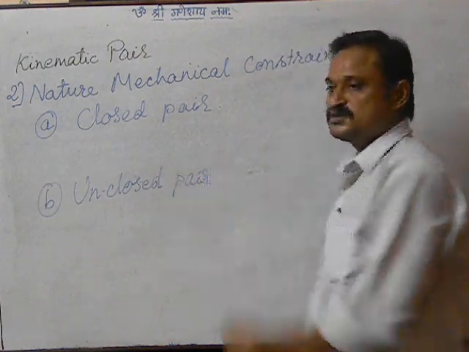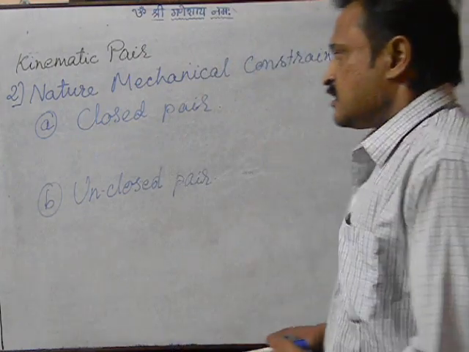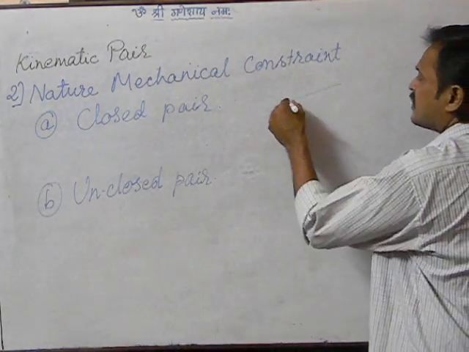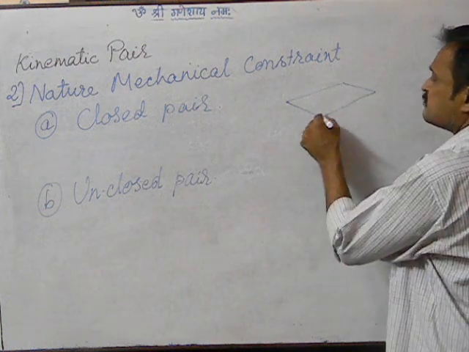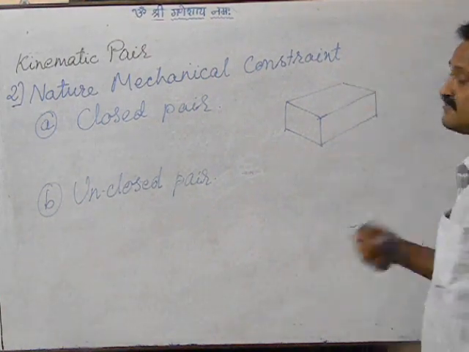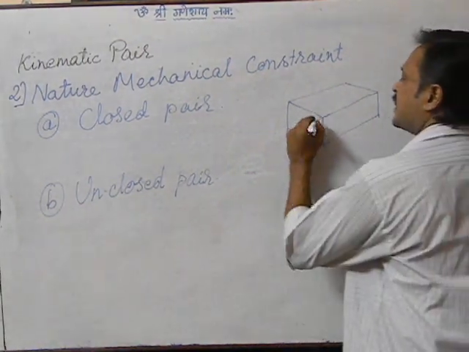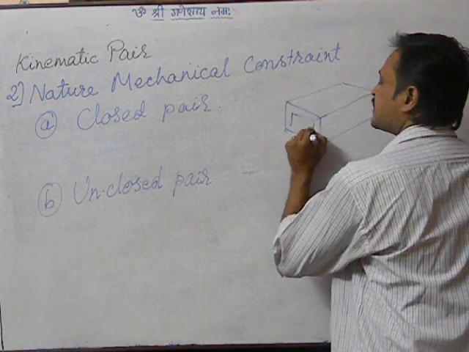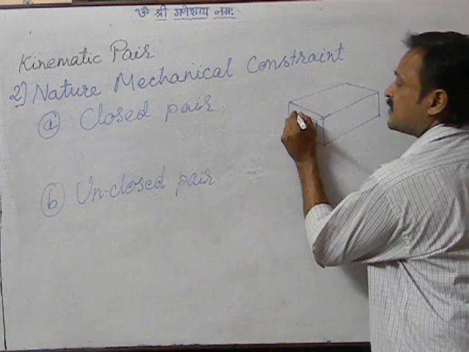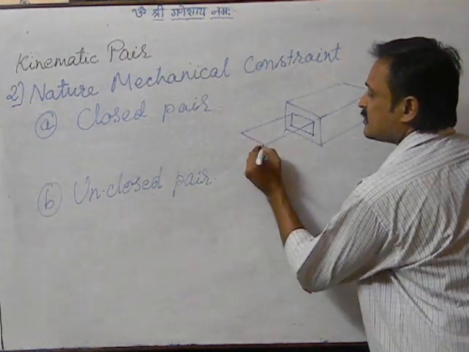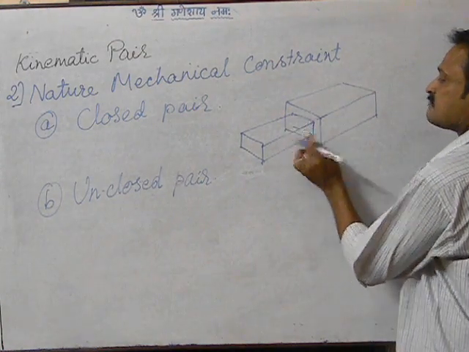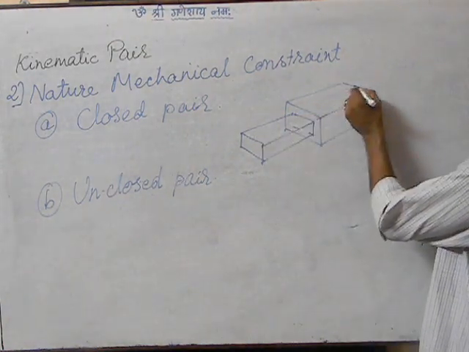Now what is a closed pair? Let us say I quote this example: this is link number 1, which has a rectangular cross section, and I have a rectangular hole in this block, and the other member is again of rectangular cross section, put inside this one.